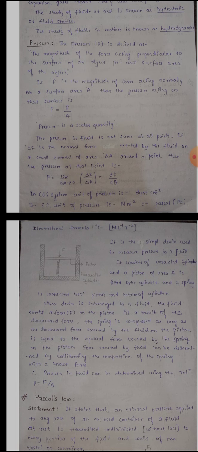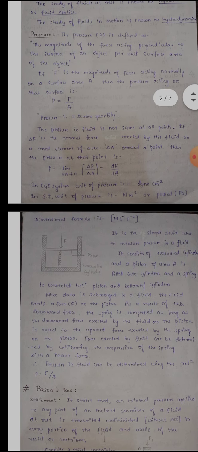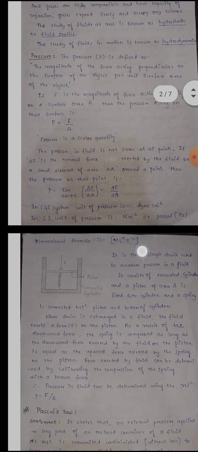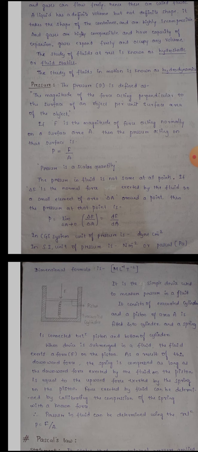And we say that the pressure is a scalar quantity because let us consider a container which is containing some liquid, and we have put some metallic block or some object in that liquid.